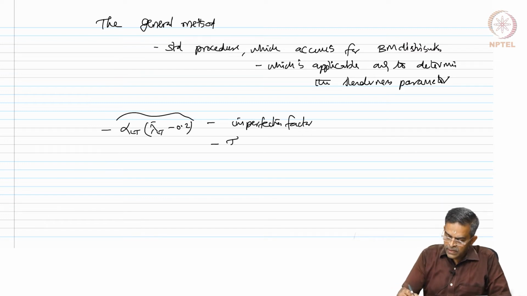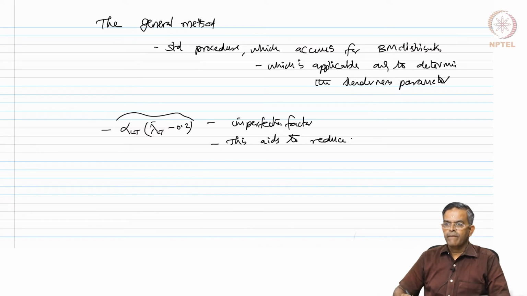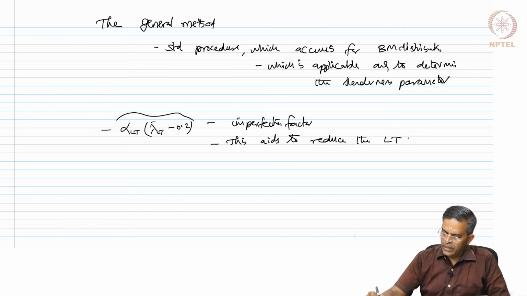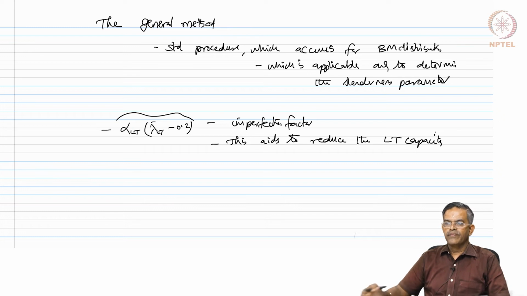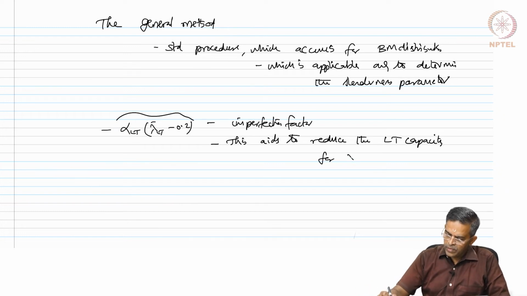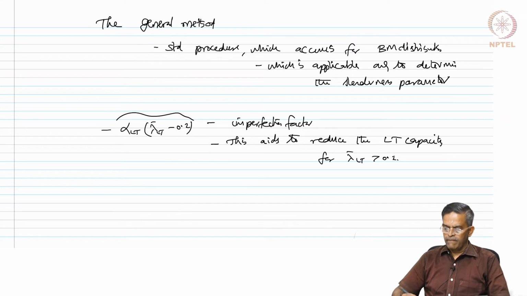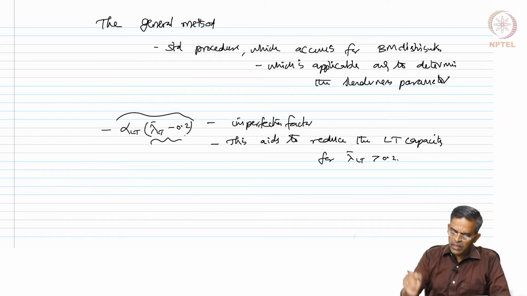It aids to reduce the LT capacity for lambda bar LT greater than 0.2. That is why it is minus 0.2.